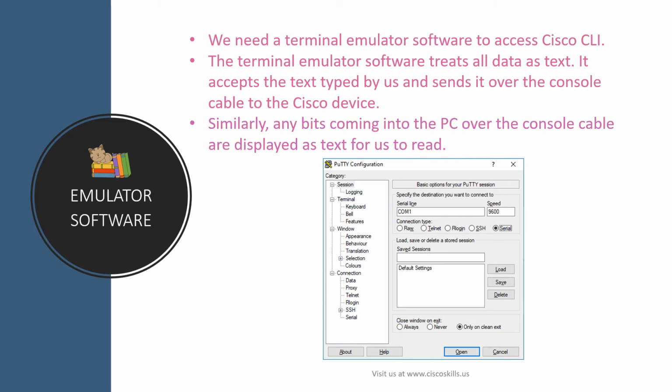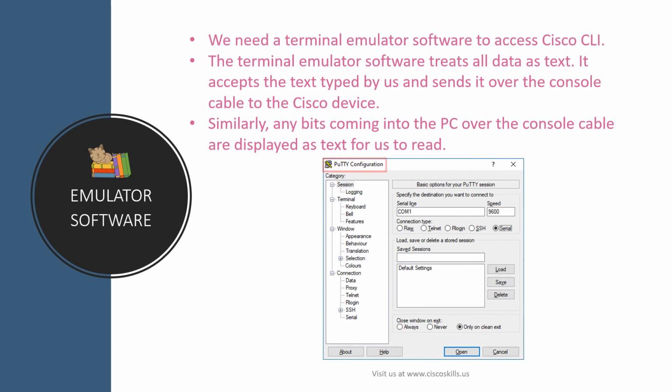Similarly, any bits coming into the PC over the console cable are displayed as text for us to read. One of the most popular and free terminal emulator software nowadays is Putty. It is recommended by most Cisco support engineers.